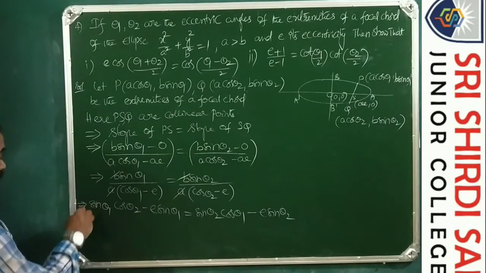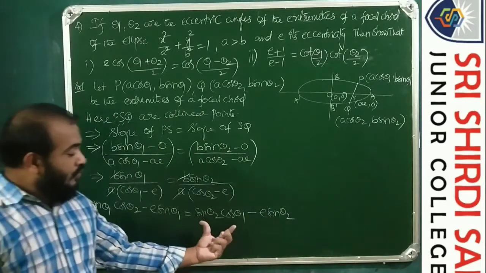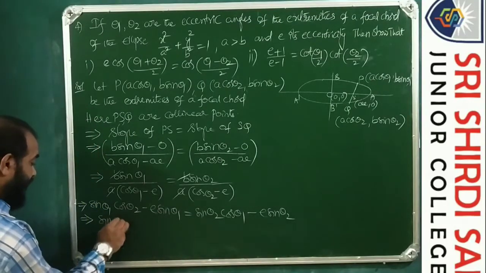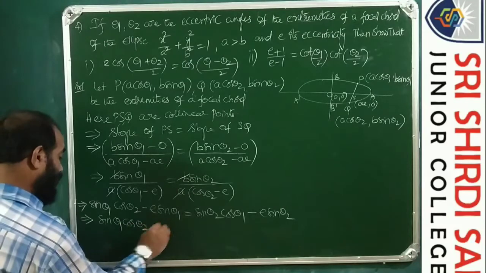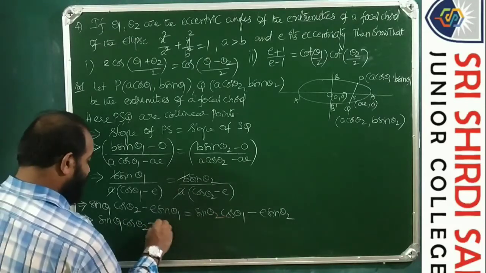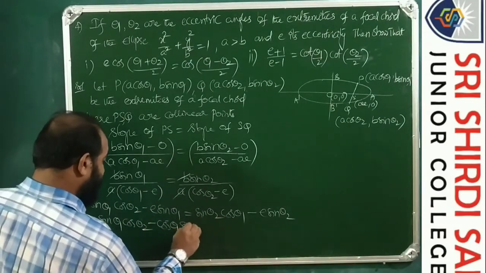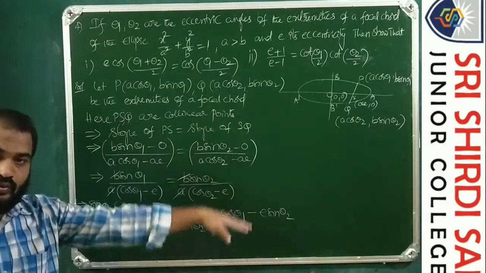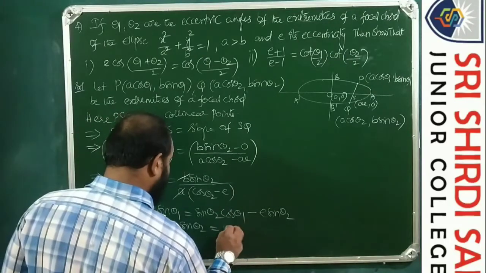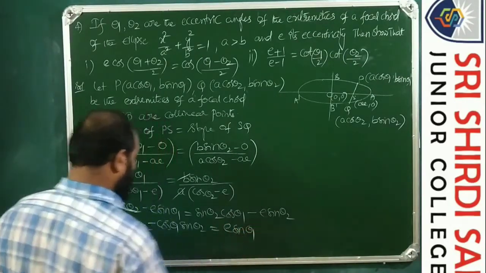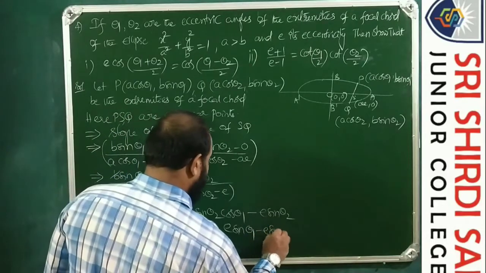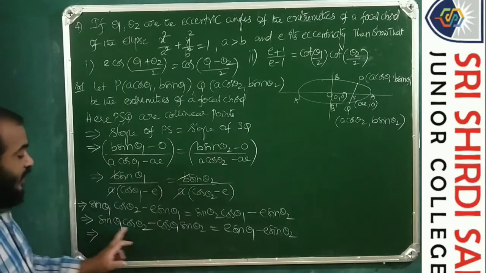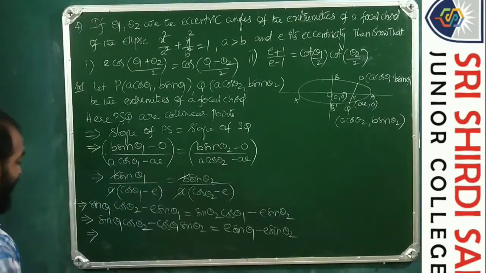If you bring this onto the other side, sin theta 1 cos theta 2 minus cos theta 1 sin theta 2 is equal to e sin theta 1 minus e sin theta 2. So this is sin a cos b minus cos a sin b, which is sin(a minus b).